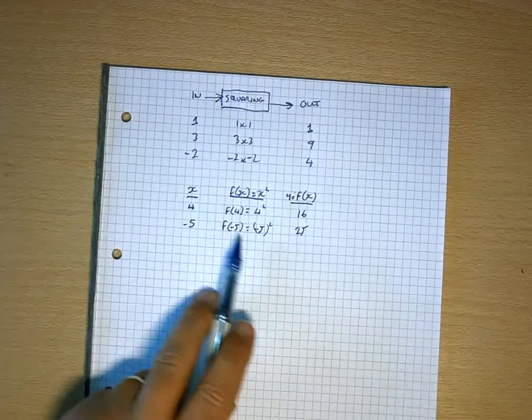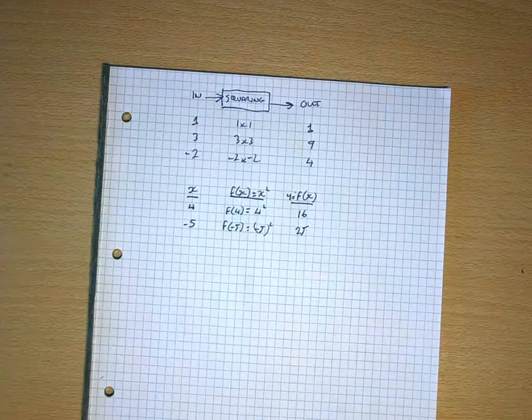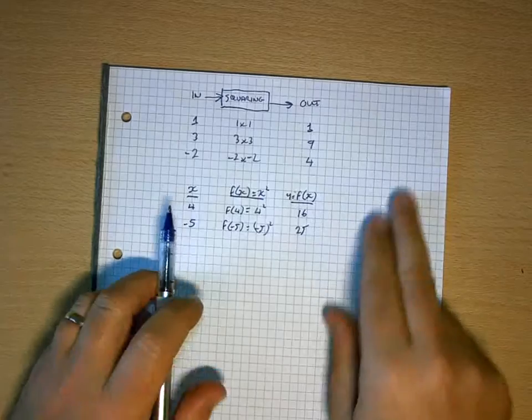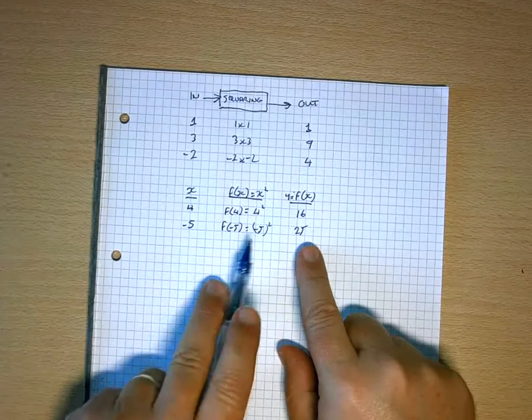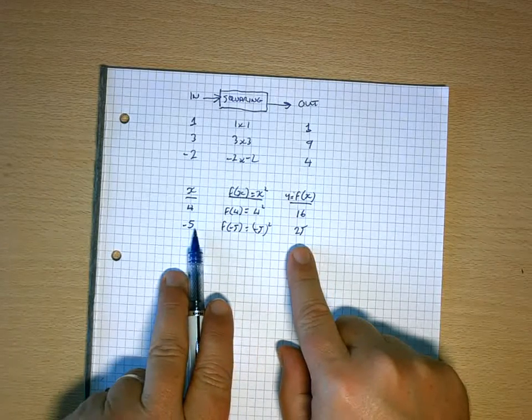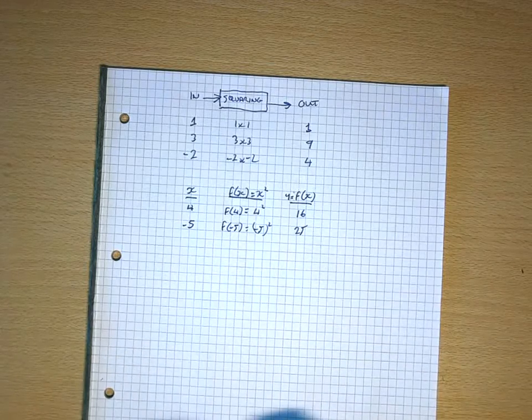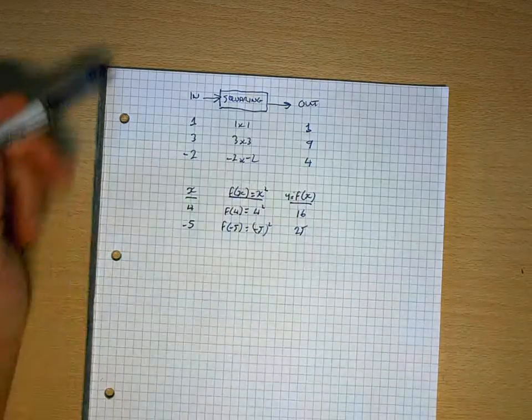So that would generate this idea of f(x). And if we put y equals to it, then what it's giving us is a coordinate pair, an x coordinate which we could plot against a y coordinate.